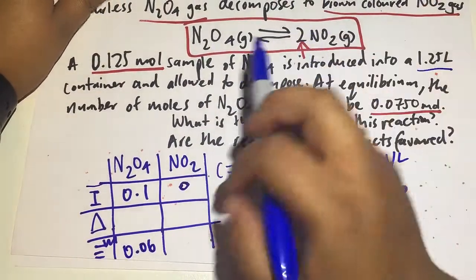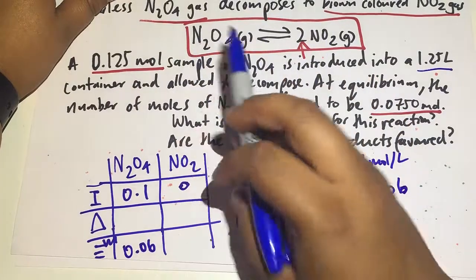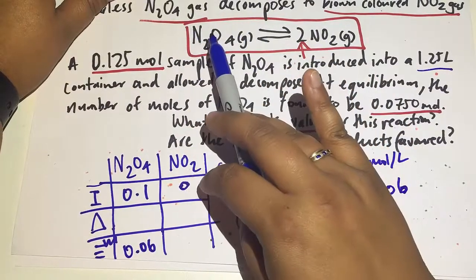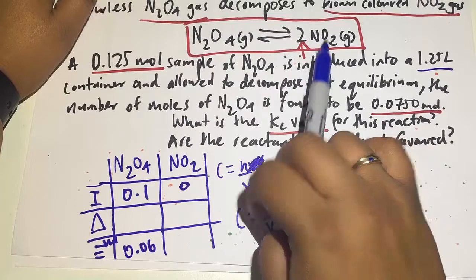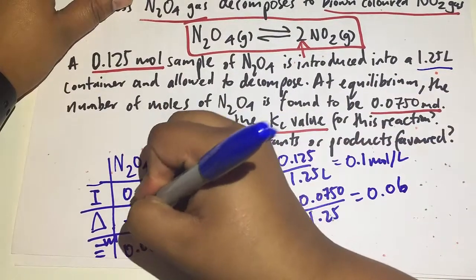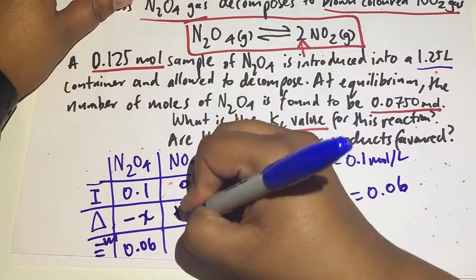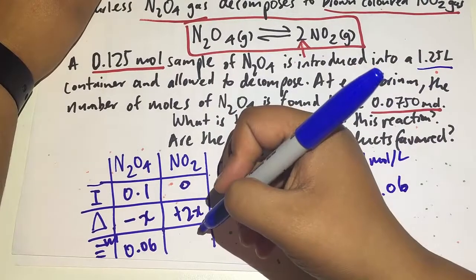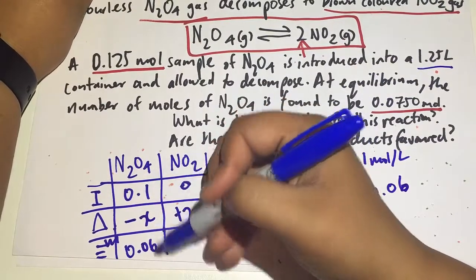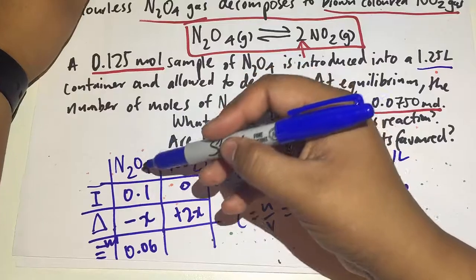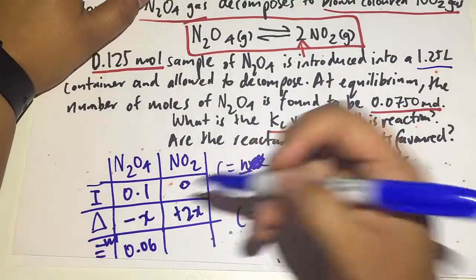Now, if we look at our mole ratios, it's a 1:2 ratio. That means for every 1 lot of N2O4, we're going to create 2 lots of NO2. So this is going to go minus X, but this is going to go plus 2X. Now, we don't know what this is, but we do know the change from N2O4, so we can work out what X is from there.